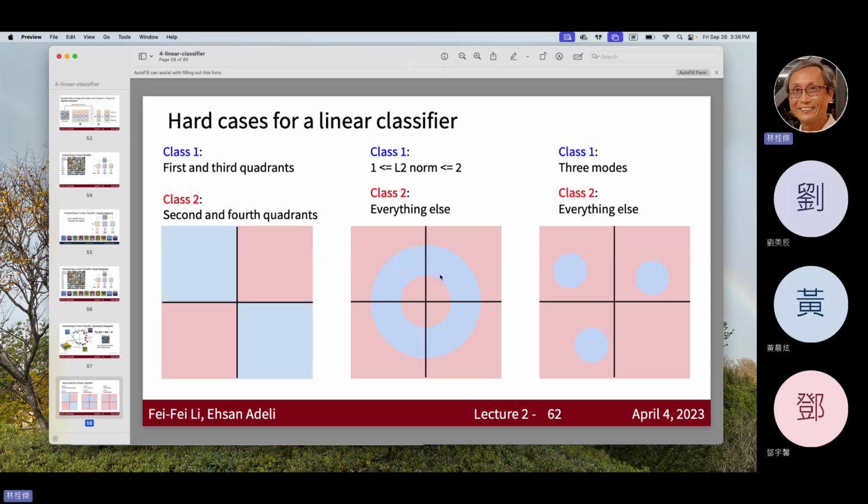We will need to do something more in order to be able to identify such patterns.